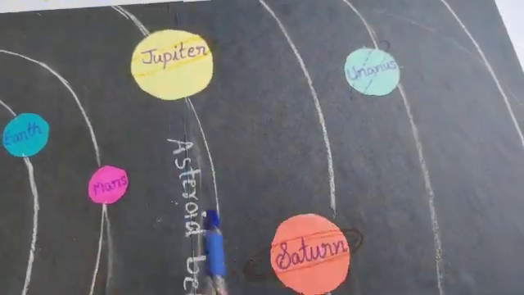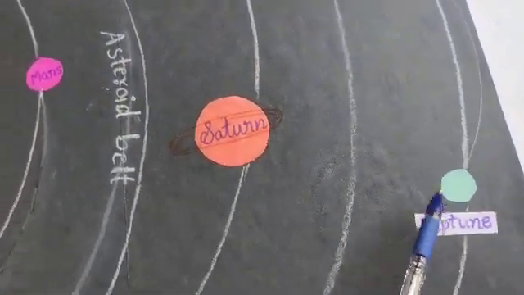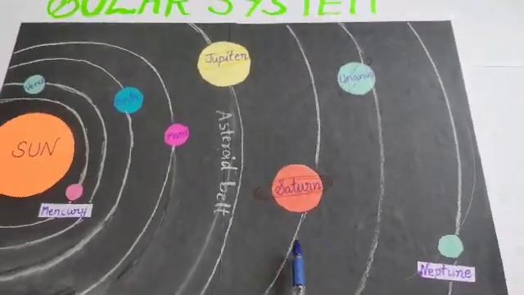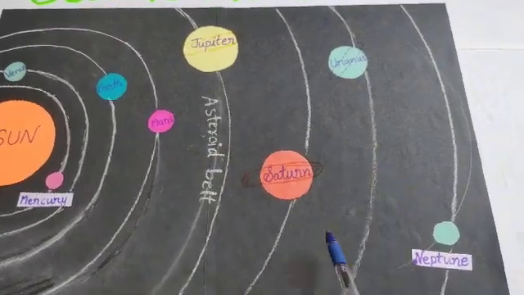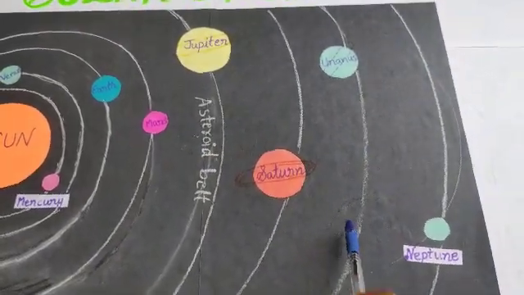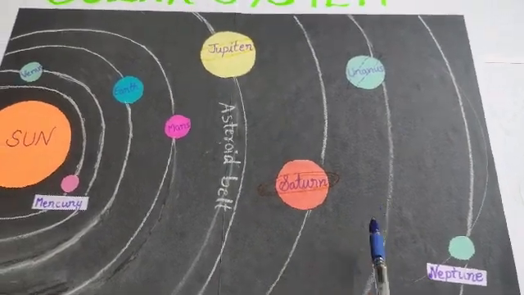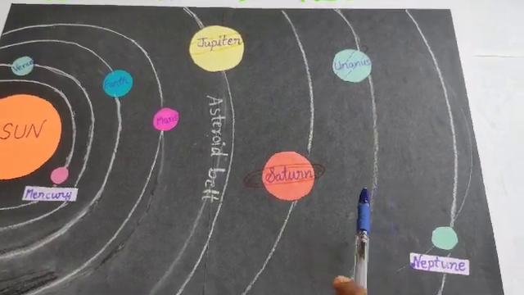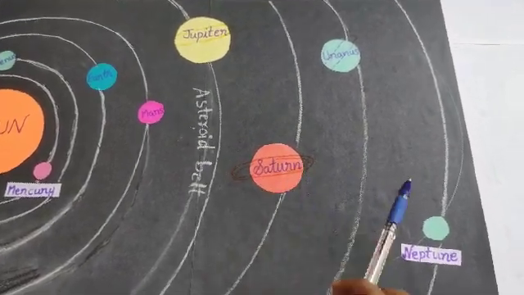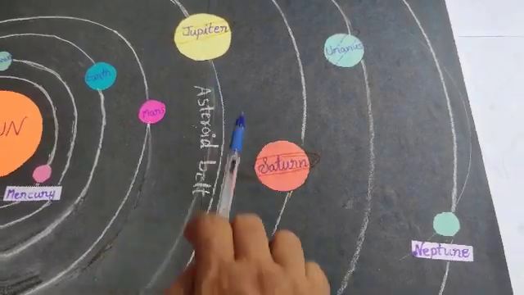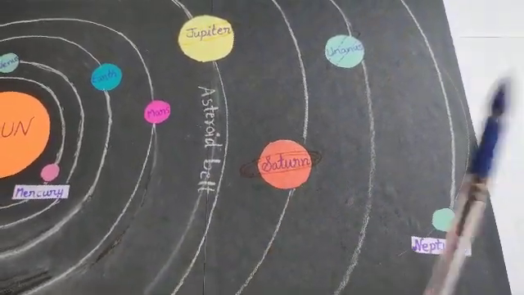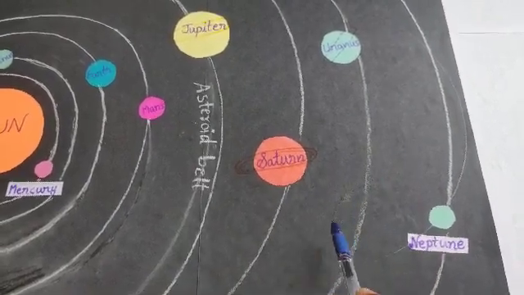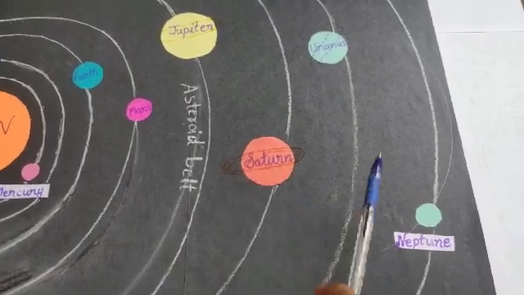And Jupiter, Saturn, Uranus, and Neptune, these 4 planets are called outer planets. They are very far from the sun, very huge in size, and filled with gases and liquids.